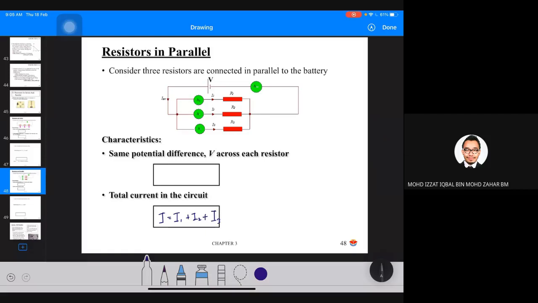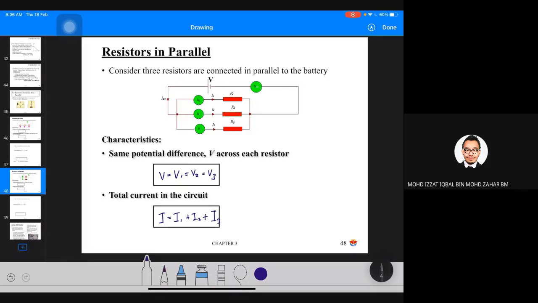And then when you want to derive, if the question asks you to derive, you take the one with the addition and start from there. So in this case, the addition is I. So I can write I equals to I1 plus I2 plus I3. Okay. And then you know that since V equals to IR, so I is equals to V over R. For I total will be V total over R effective.